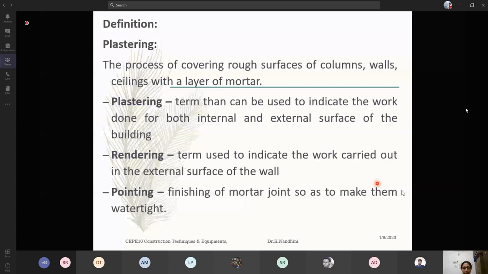Pointing is the finishing of mortar joints so as to make them watertight. You have to make sure that water doesn't penetrate through it. These are the main layers of your coating of paints: plastering, rendering, pointing.